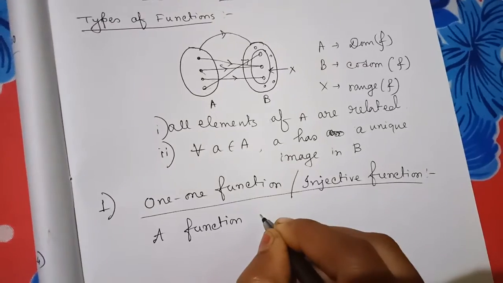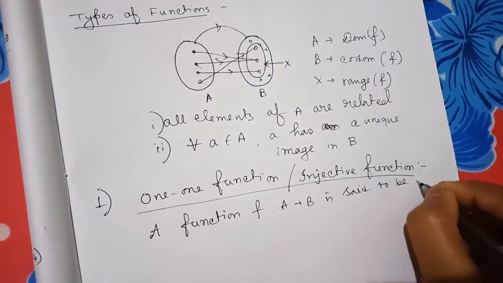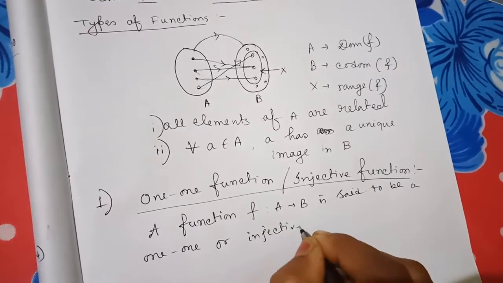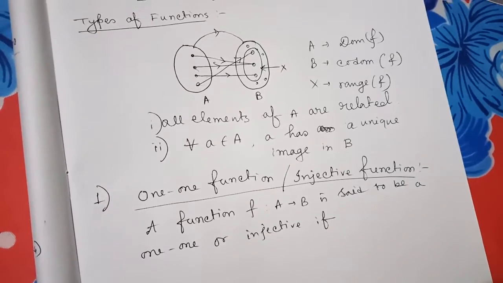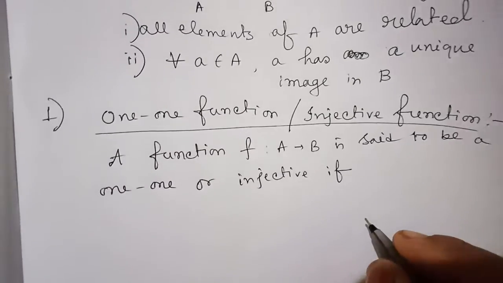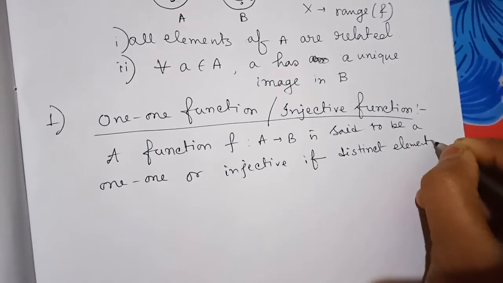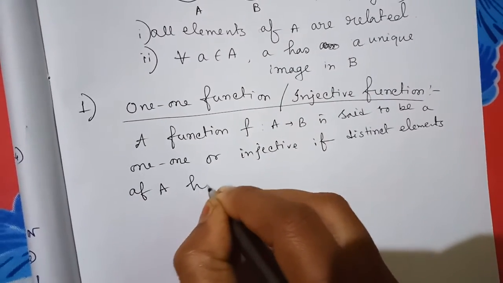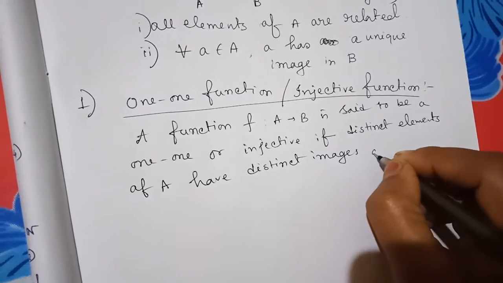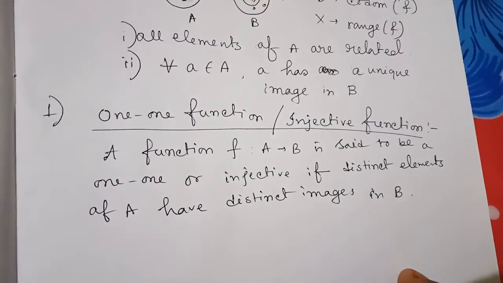A function f from A to B is said to be a one-one or injective if distinct elements of A have distinct images in B. This is the definition of one-one function or injective function.